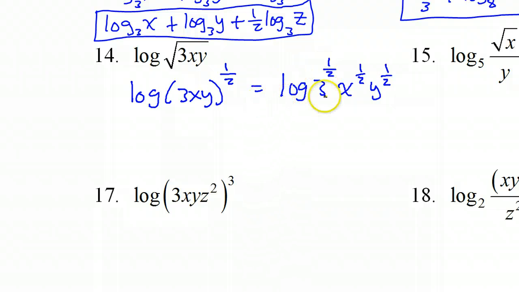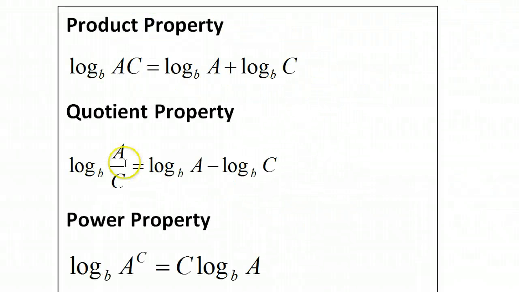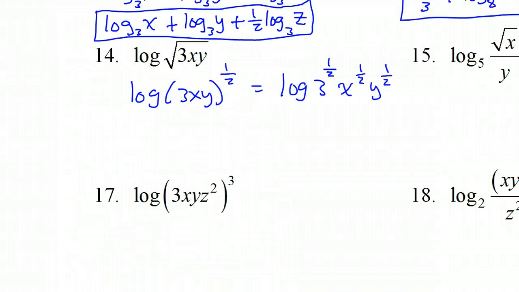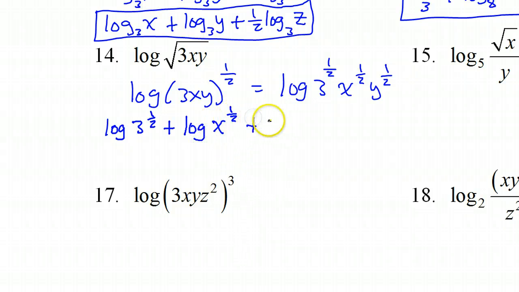So now using the product property, where multiplication becomes addition, this thing is going to become log 3 to the 1/2 power plus log x to the 1/2 power plus log y to the 1/2 power.